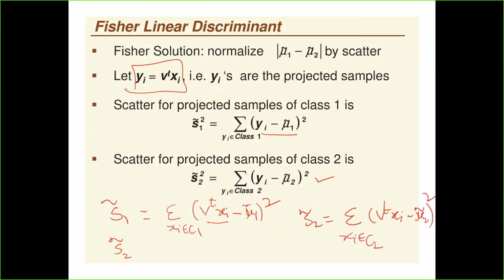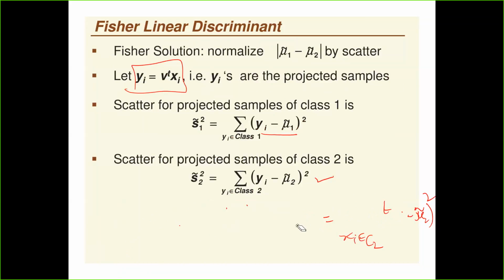Our objective is to maximize the distance between the centroids in the projected space. Am I right? So it means we want to maximize the distance between mu1 bar and mu2 bar in the projected space. In addition to that, what do we want to do?